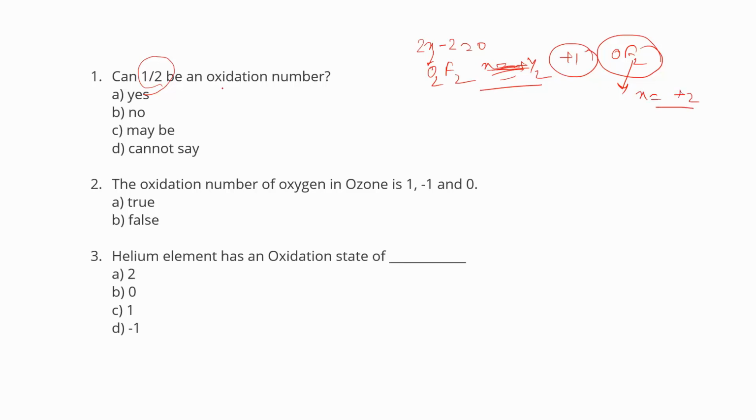But plus half oxidation number is also possible, there is an example. I will tell you the example in the next class, because now I cannot remember, but it is possible.